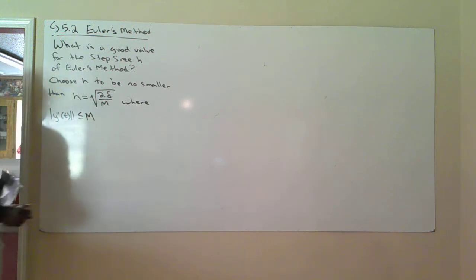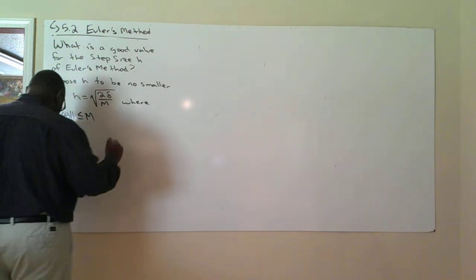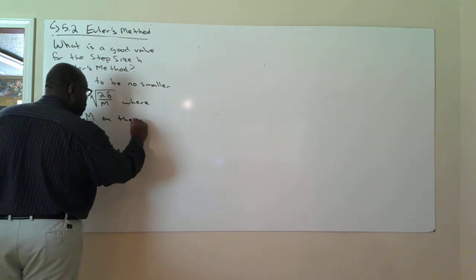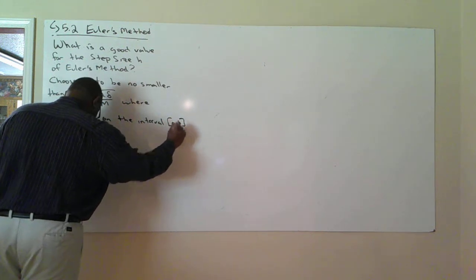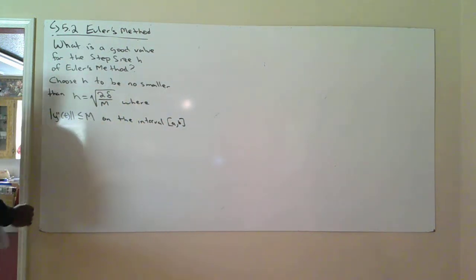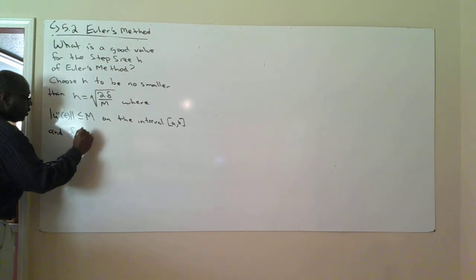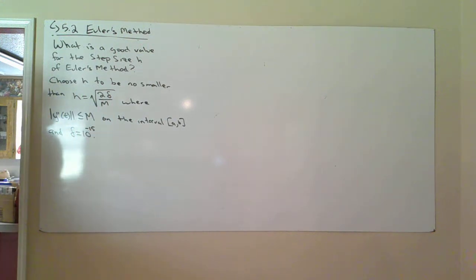So m is essentially the largest value that our second derivative can get on the interval, let's say a to b. And we'll just pick delta to be equal to 10 to the negative 15, although it doesn't have to be, it could be any value you want, determined depending on the precision of your computer.